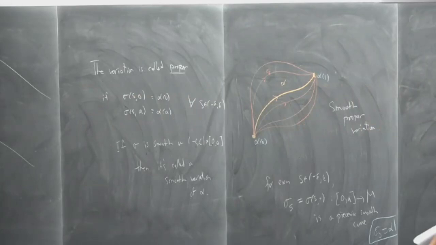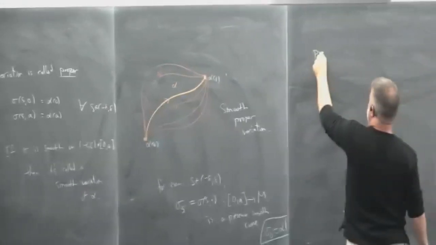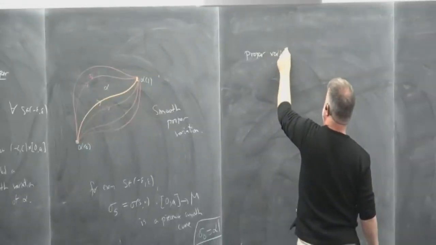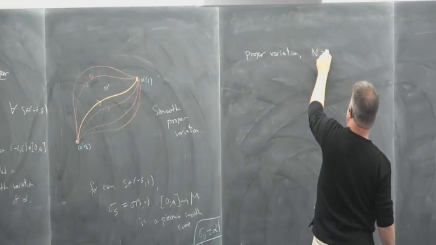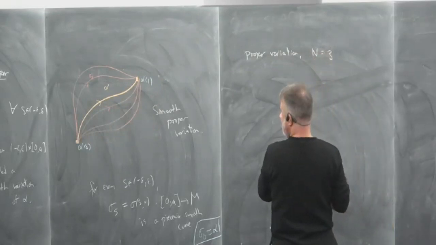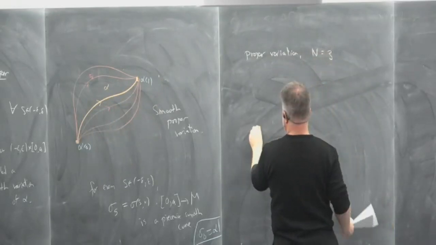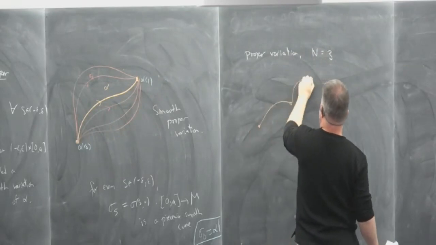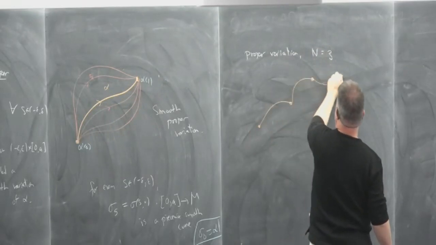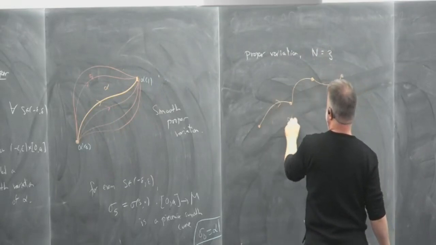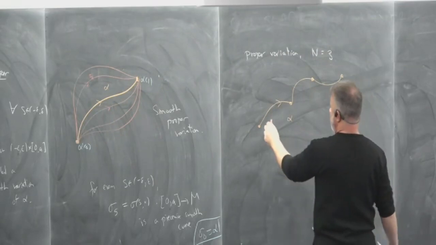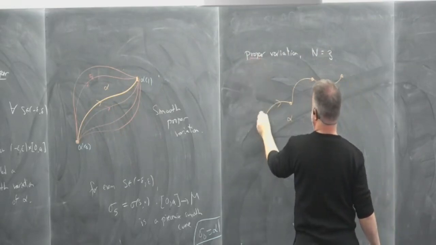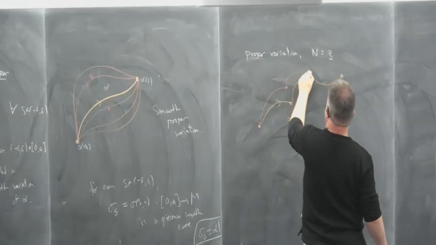So here's a picture where we have a proper variation, and let's take n to be 3. This is alpha. There are 3 places where its velocity can jump, and this one is still proper, so there'll still be 3 jumps.